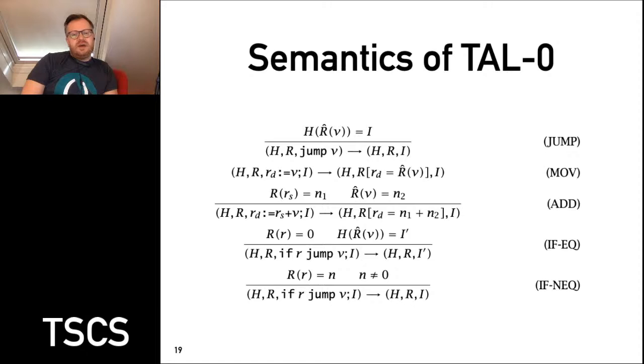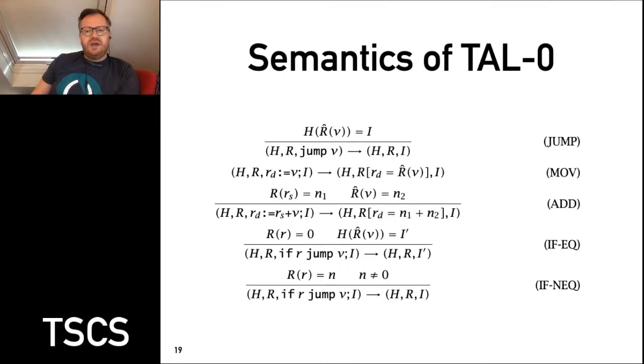And that you see only in the conclusion, where you have this little I prime in the if EQ and just the regular I without any prime in the if NEQ version. So what you do in the if NEQ version, if n is not 0 in this case, you just pop off the if instruction and go on with the next instruction. And this means you have basically branches in your control flow.